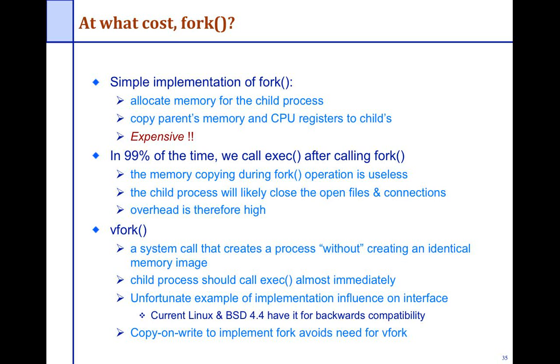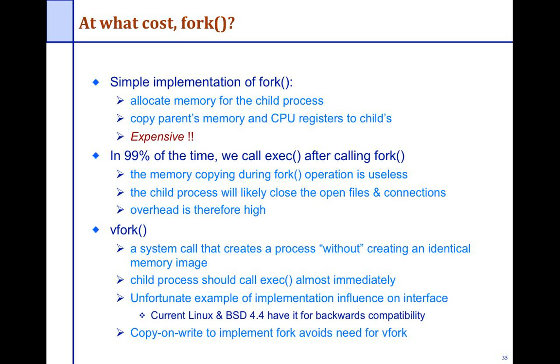Most of the time, what we do is call exec after calling fork. That is, we create a new process, and then the goal of this new process is to run a whole separate program. Then the state has been clobbered, right? When you forked, you copied a whole bunch of variables into the child process. And for what? All you did was call a separate program that overwrote everything.